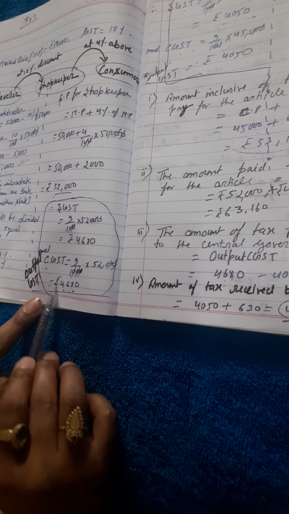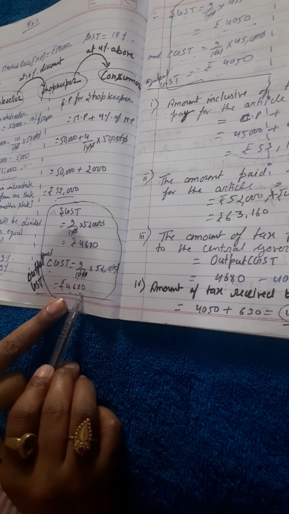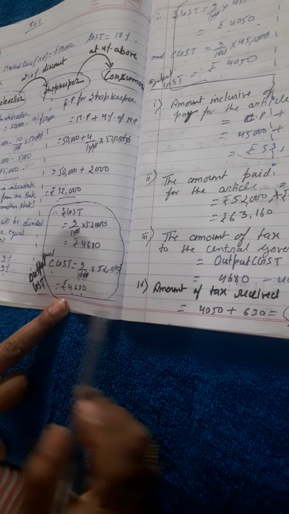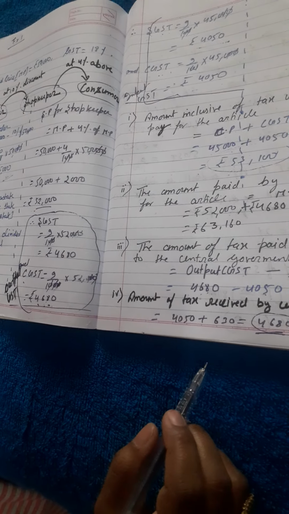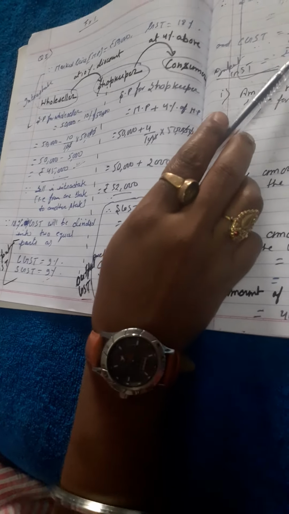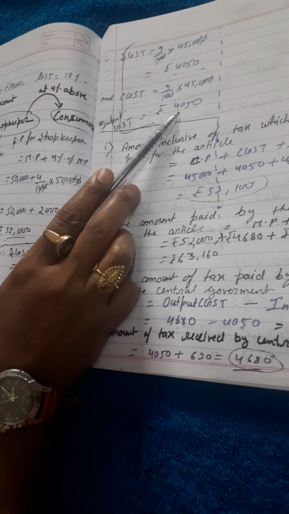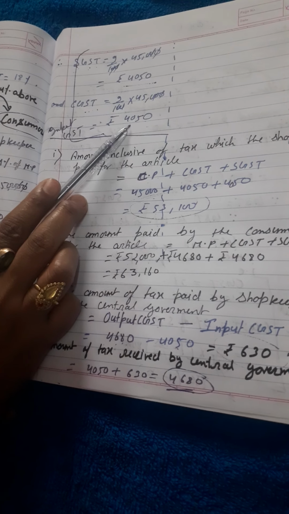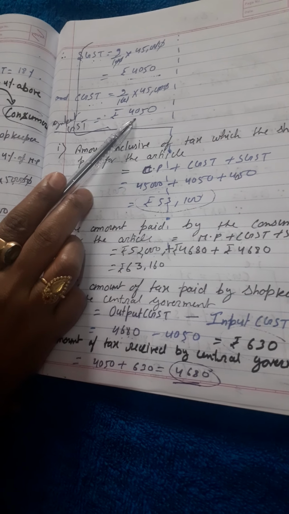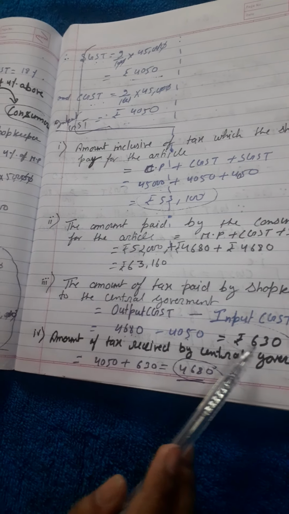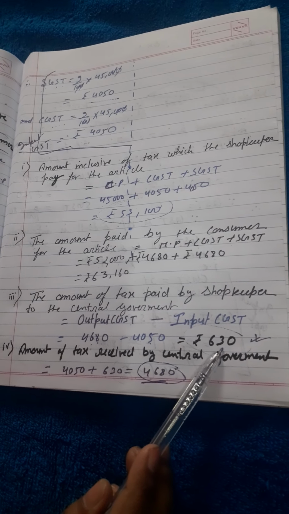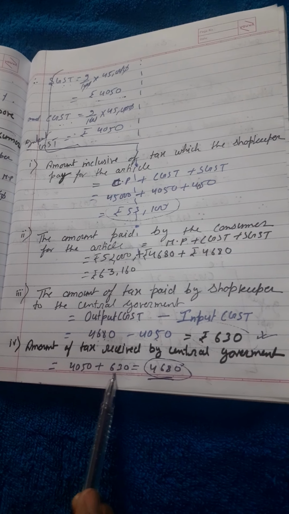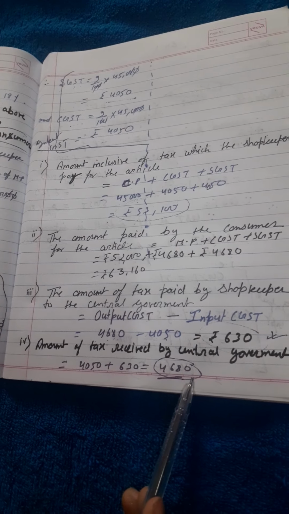This whole tax will go to the central government as tax, or we can explain it in this way: whatever tax was paid by the shopkeeper to the wholesaler, that was CGST, GST for the government, 4,050 rupees, plus his own tax which he is supposed to pay. So this is 4,050 plus 630, that is 4,680 rupees.